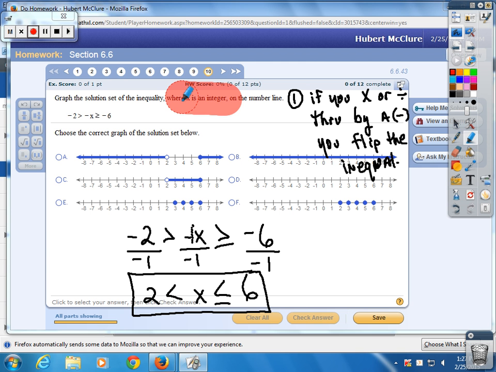Right there. What does that say? Where x is a what? Integer. What is an integer? It's a 25-cent word for whole number. A regular 90% of the time question would say, graph the solution set of the inequalities where x is a number on the number line.